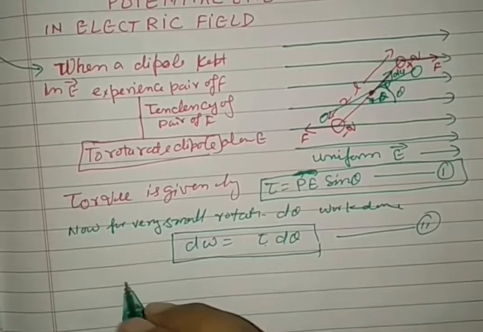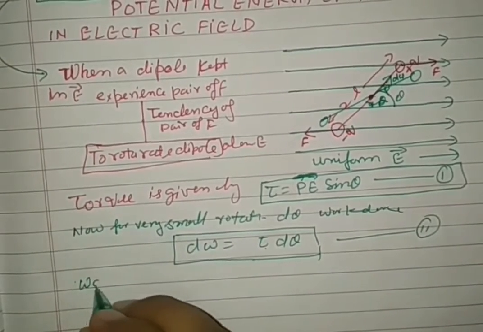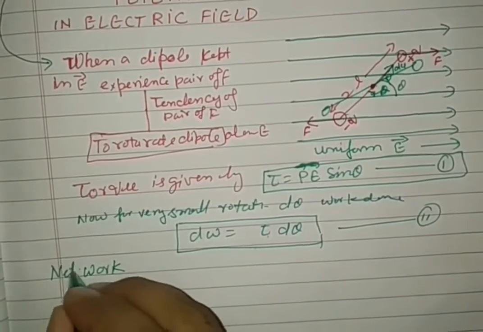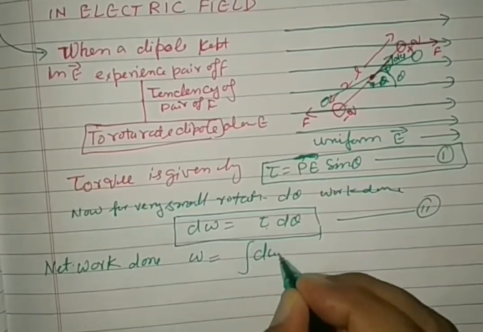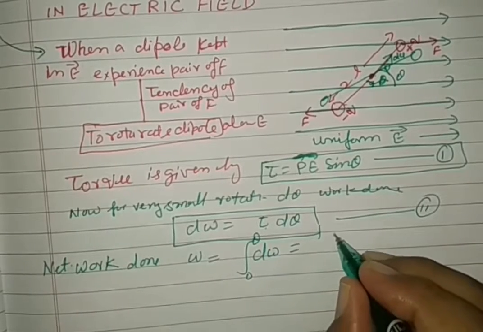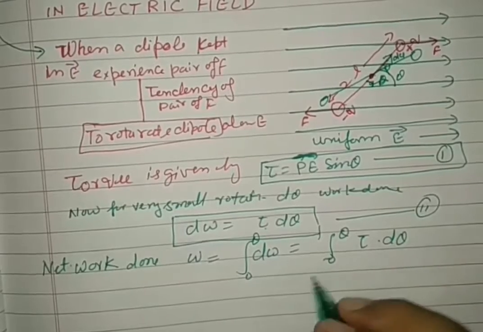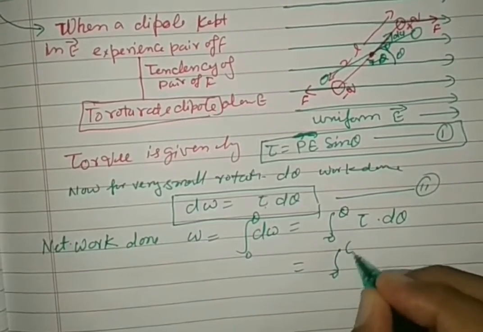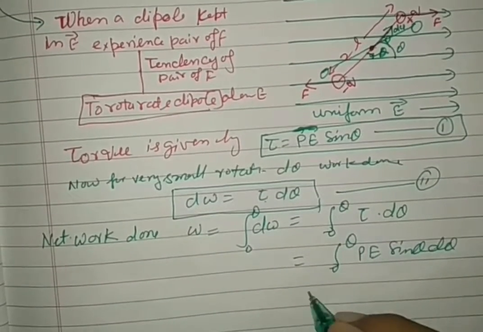So the total rotation, or total work done, or net work done, W is equal to the integration of dW from 0 to theta, that is 0 to theta tau d theta. Now tau is given by PE sin theta d theta.